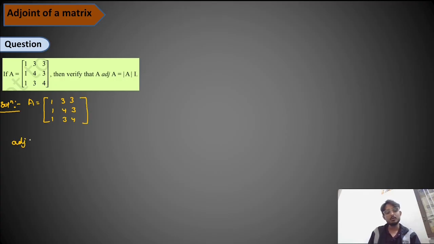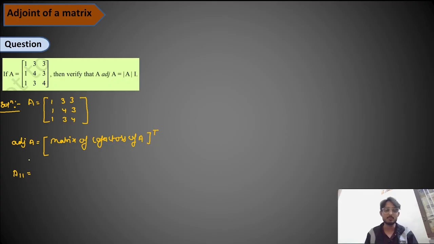Adjoint of A equal to transpose of the matrix of cofactors of A. It means you have to find the cofactors of A first, then find the transpose. When you find the cofactors of A, I will explain the transpose of it. So how can you find a cofactor? To find the cofactor, you have to find the minors and then apply the sign. I have already mentioned this in the previous question.